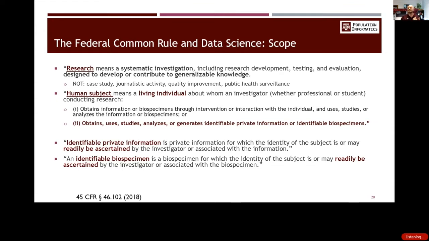So easily determined that this data pertains to this subject, right? Where that subject is an identified individual. And the definition for identifiable biospecimen very closely tracks that, right? It's where the identity of the subject from which that biospecimen was pulled may be readily ascertained by the investigator associated with the biospecimen.